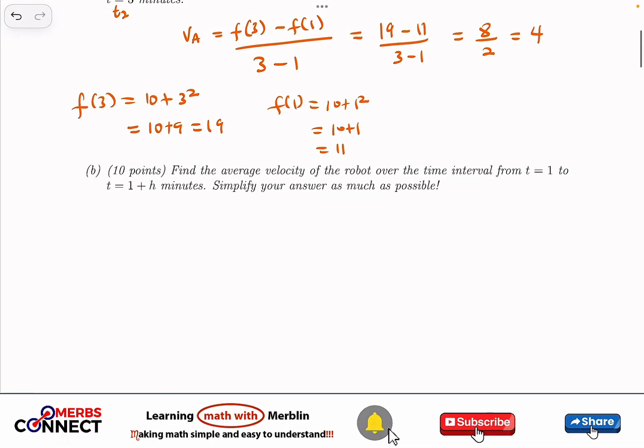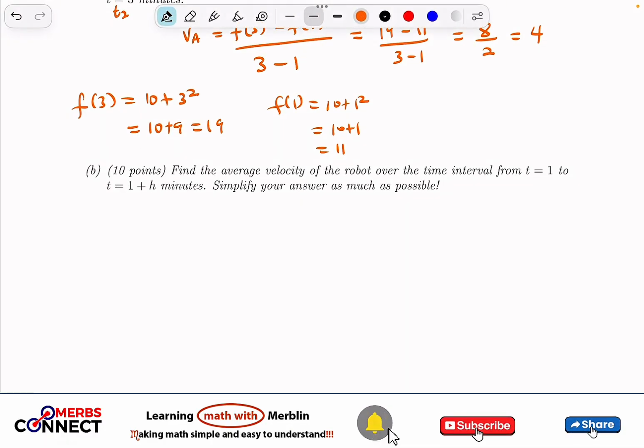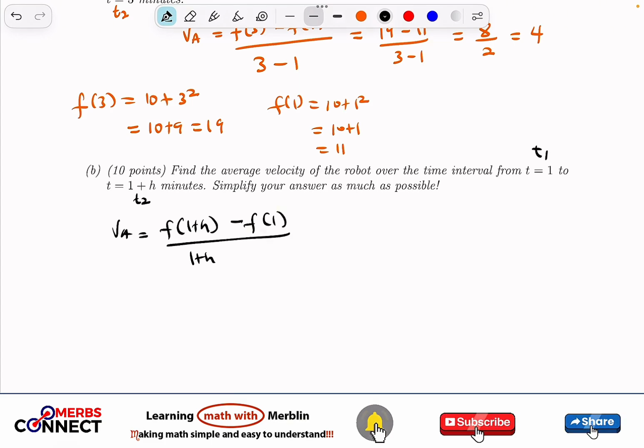Let's look at question B. Okay, so in B we are looking at the average rate of change. Now our t1 is still 1, but t2 has changed from 3 to 1 plus h. So we are going to have f of 1 plus h minus f of 1 divided by 1 plus h minus 1.